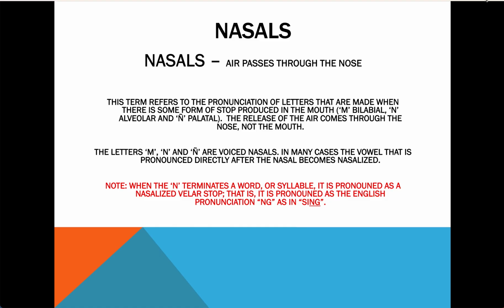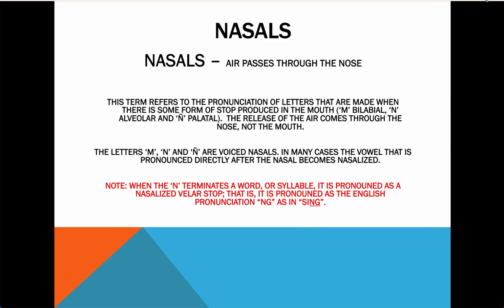Nasals. Nasals is the passage of air through the nose. This term refers to the pronunciation of letters that are made when there is some form of stop produced in the mouth, M bilabial, N alveolar, and Nye palatal. The release of the air comes through the nose, not the mouth. These are always voiced.